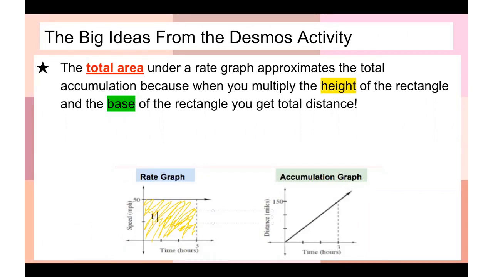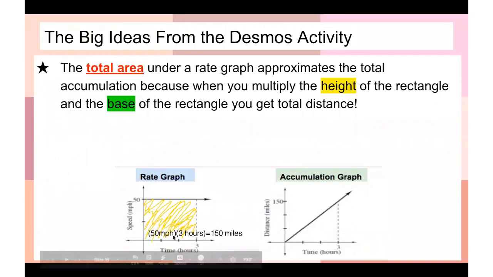So when you do the height, in this case it was 50, the height for this graph is 50 miles per hour, because that's our units on the y-axis, times the base, 3 hours, is equal to the total distance. And in this case, you all agreed on the Desmos that it was 150 miles. Just notice how that is the area of that yellow portion. It's basically the area of the rectangle.